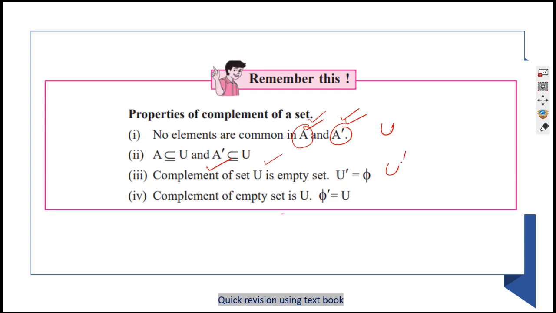U dash? No, because it contains everything. So its complement is a null set. Understood? Does the null set have any complement? That means null dash, then it will be the universal set.